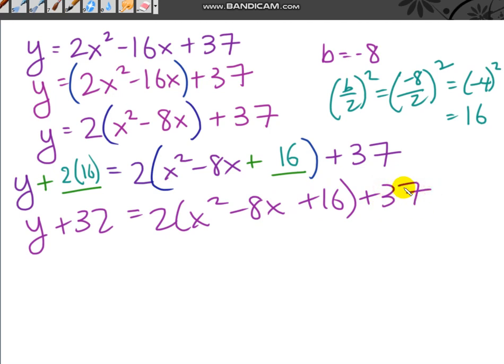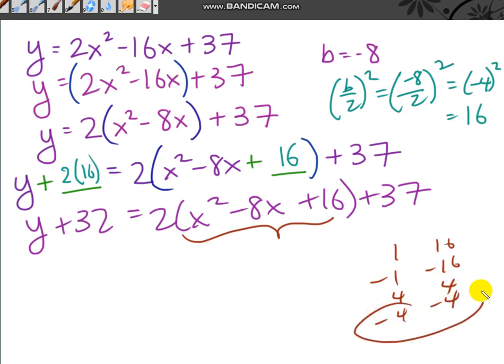Okay, so next what I see is we can take this expression here. We're trying to find two numbers that multiply to 16 and add up to negative 8. Negative 4 and negative 4 will work.